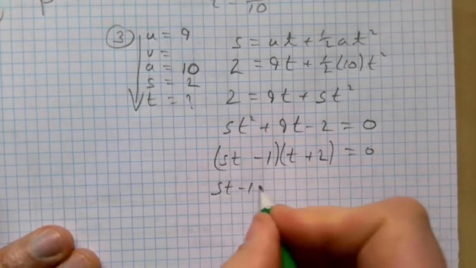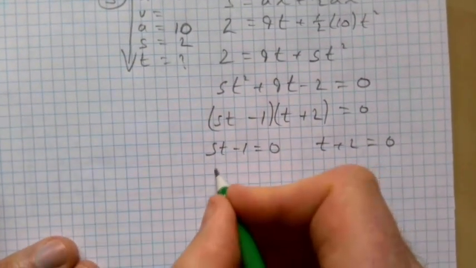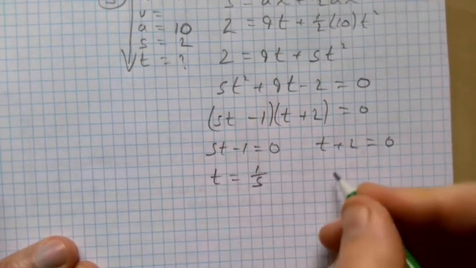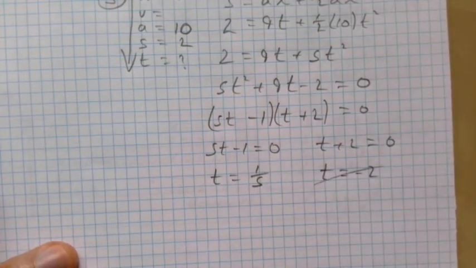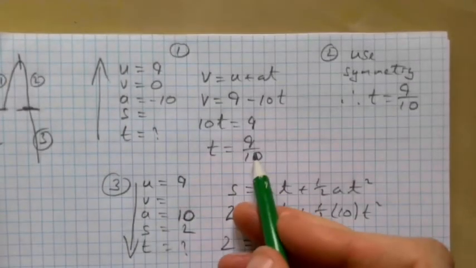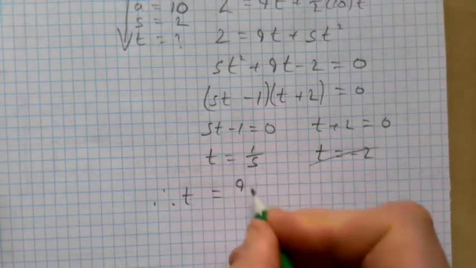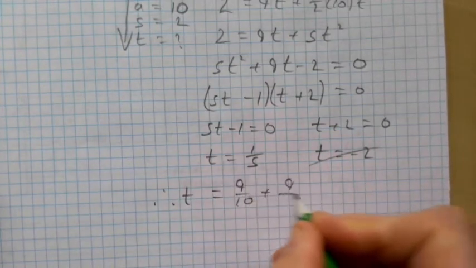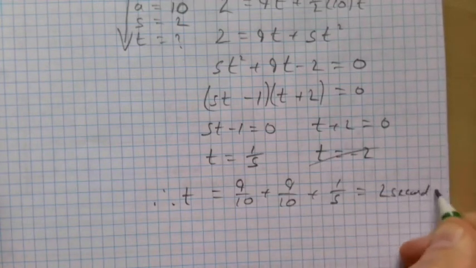That means 5T minus 1 equals 0, or T plus 2 equals 0. Like the quadratic we saw before. That gives me T is a fifth, or T is minus 2, which I can discard, it doesn't make any sense. So for part 3 of the journey, it takes a fifth of a second. 9 tenths plus 9 tenths plus a fifth gives me 2 seconds.